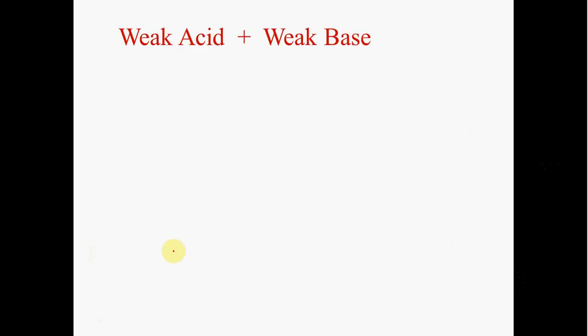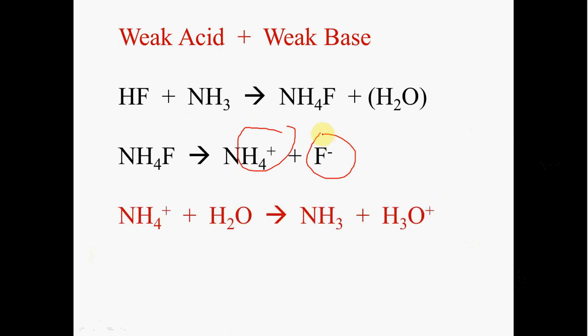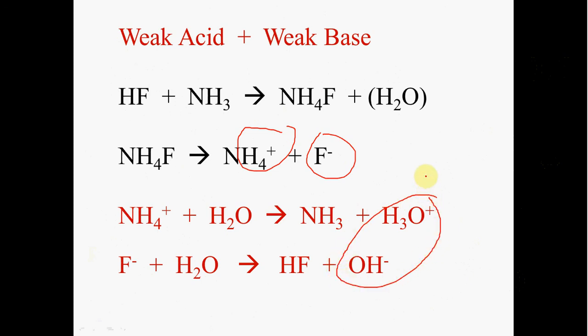When you titrate a weak acid with a weak base, you're going to get a salt that has two strong conjugates, and they can both react with water. The pH would be controlled by which one of these has the stronger K value. If the Ka is greater than the Kb, it will be acidic. If the Kb is greater than the Ka, then it will be basic.